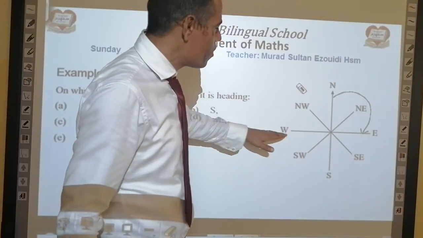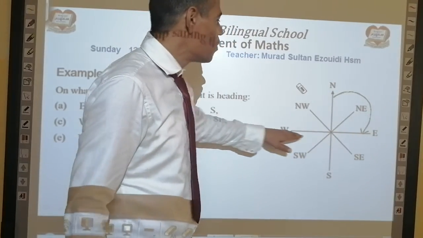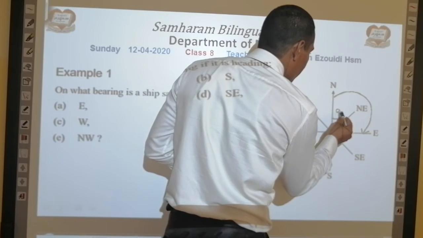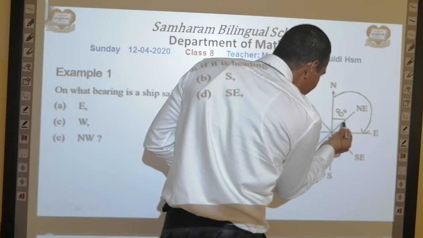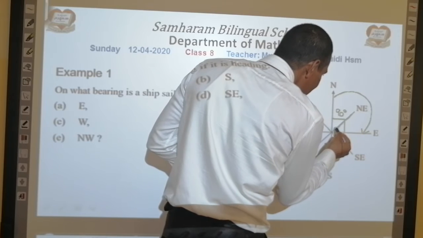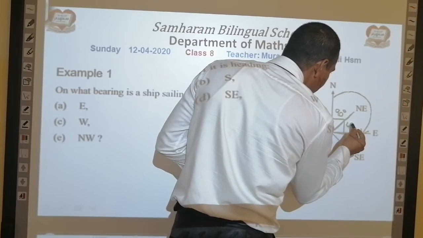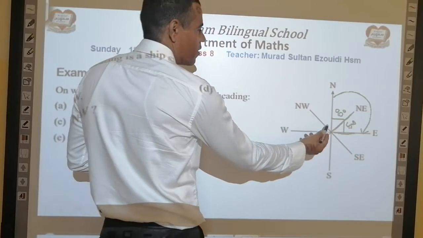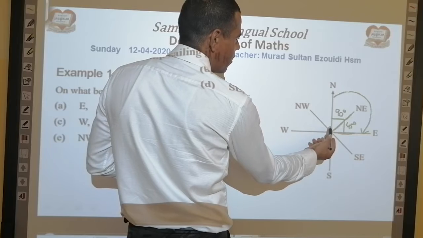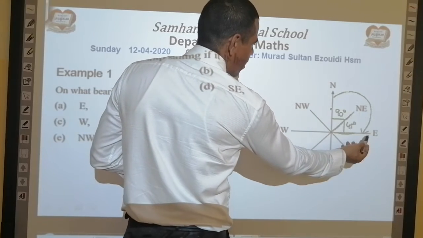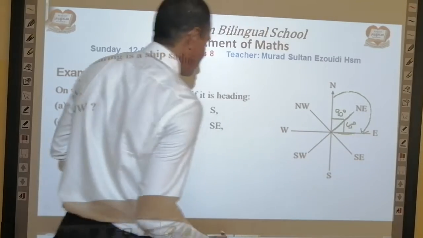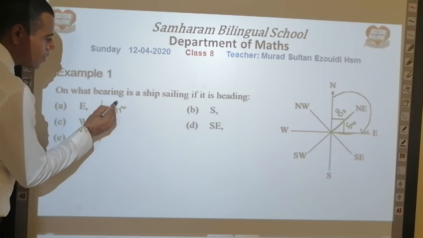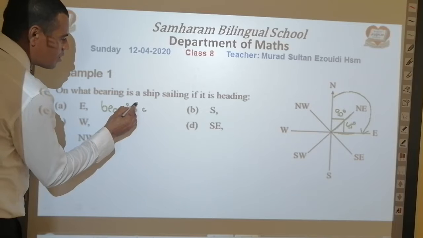The normal is orthogonal or is perpendicular to this line. This is 90 degree, my kids. And this one is 45 degree. Okay? So, to measure this, the bearing clockwise north direction to the point E is 90 degree. This one, bearing of 90 degree.